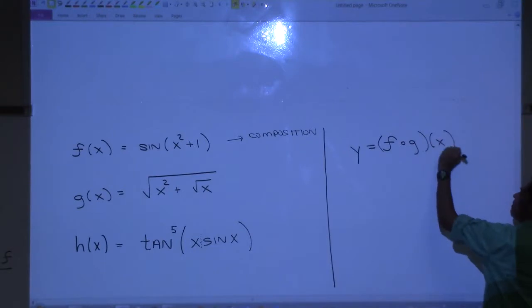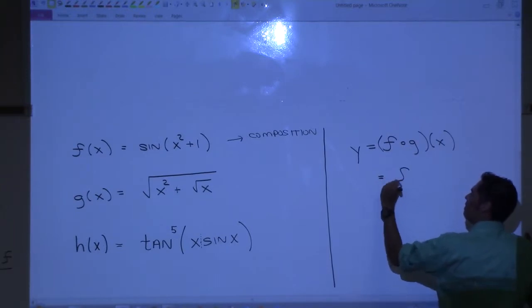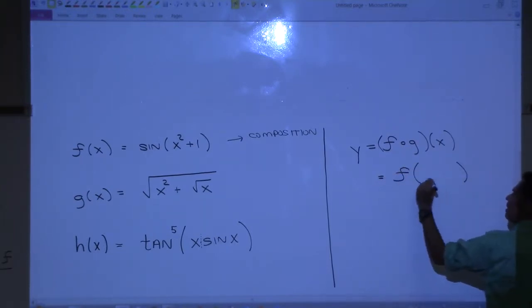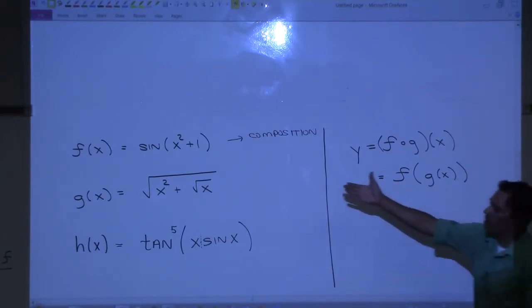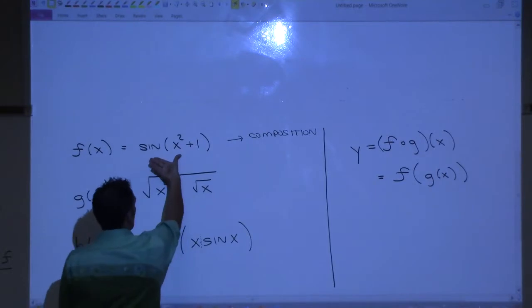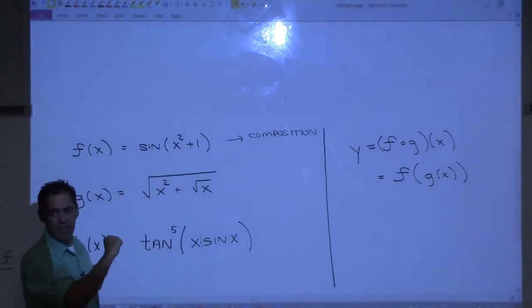That's the notation from college algebra, f of g of x. But what that really means is f, and inside of f is the g function, right? That's what that notation means. In this particular case, this is the composition of two functions. Would you agree? What would be f and what would be g?